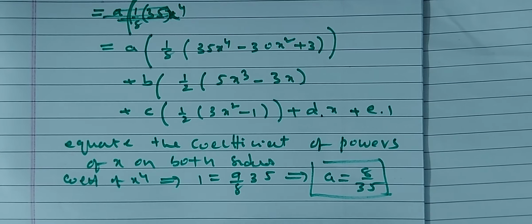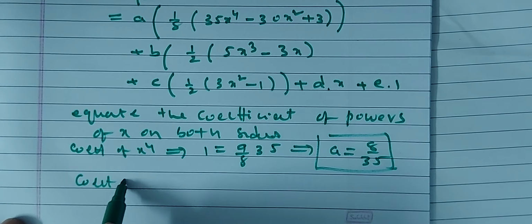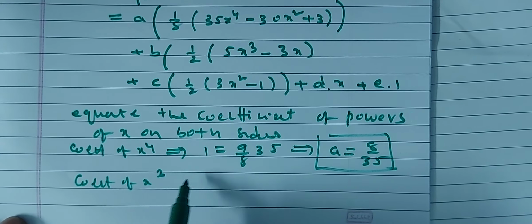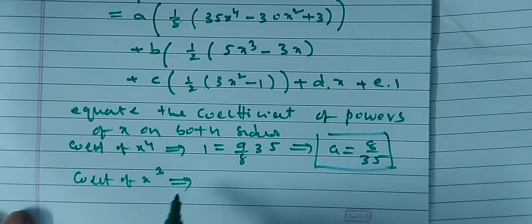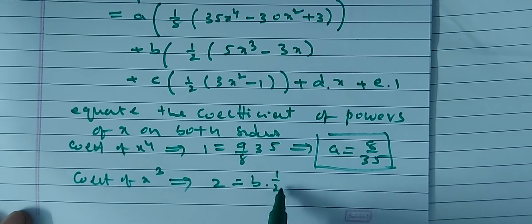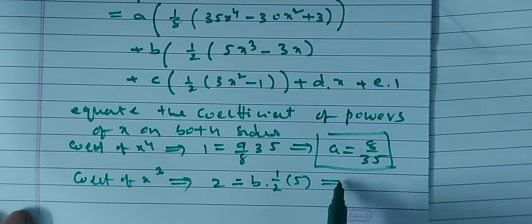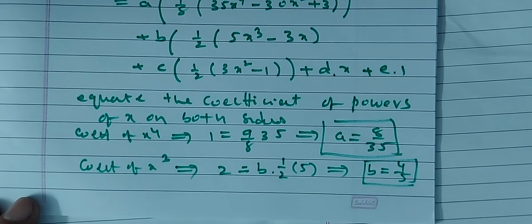Next, coefficient of x cube implies 2 is equal to b into 1 by 2 into 5, implies b is equal to 4 by 5.